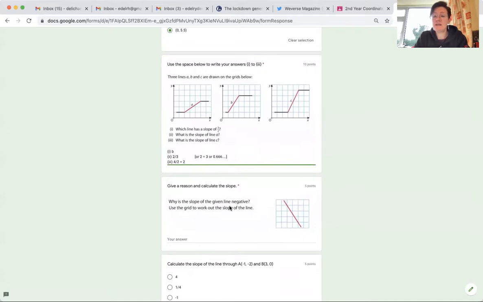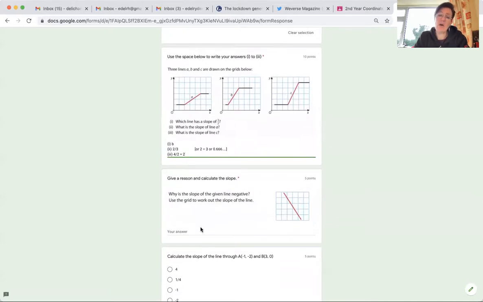Now, why is the slope of this line negative? So any reasonable answer here to describe what's happening, the way I would suggest saying it is that the line goes downhill when looking at it from left to right.